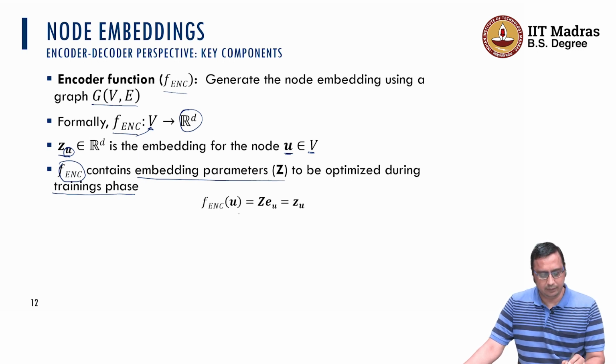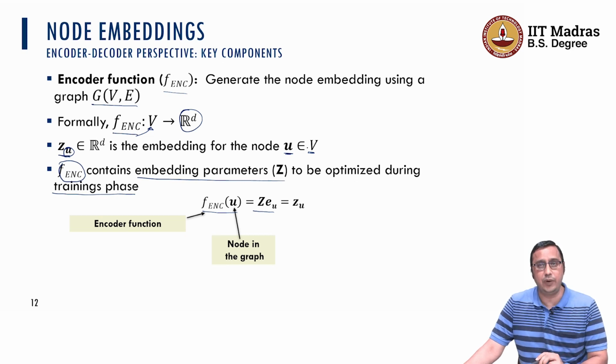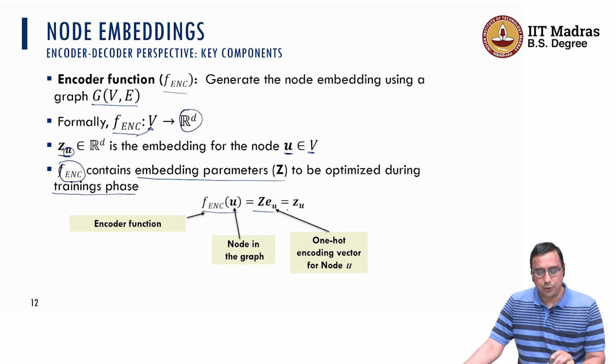Let's look at f_enc of u. It can be written as Z times e_u, which equals z_u. So here again, the encoder function is f_enc, the input is a node in the graph, any node which belongs to V. The e_u is a one hot encoding vector for node u.